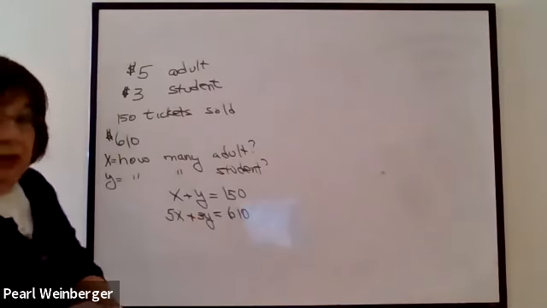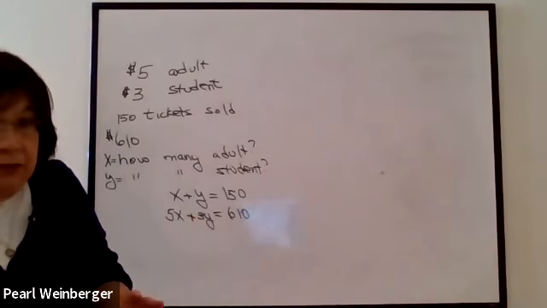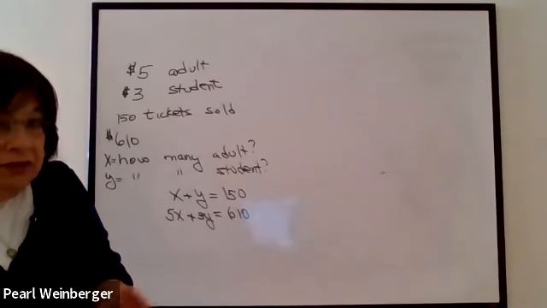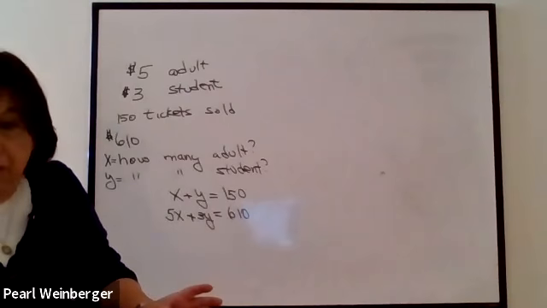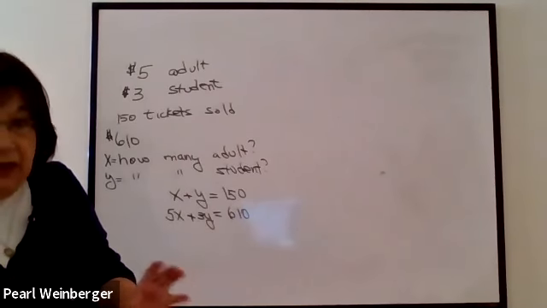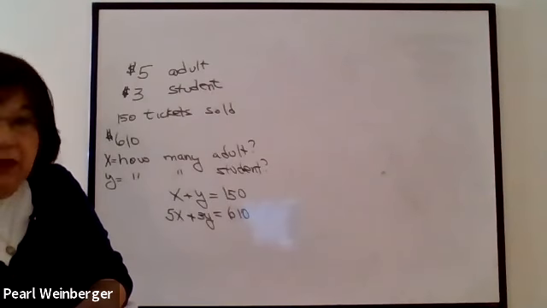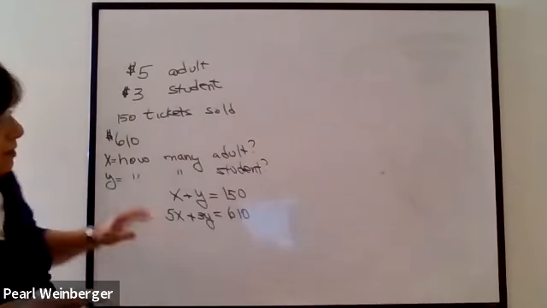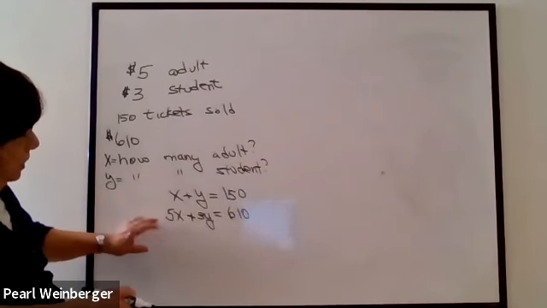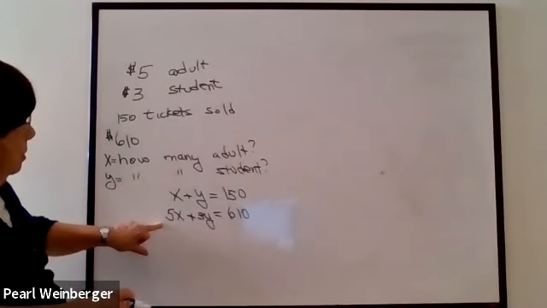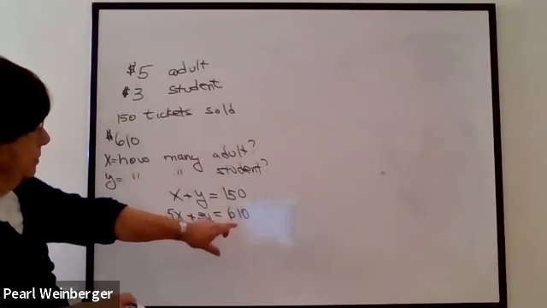These types of questions very often set up very similarly. When you have 2 items that have different prices, and you know the total amount you're making on it, this is the setup that you get. X plus Y equals 150, 5X plus 3Y equals 610.